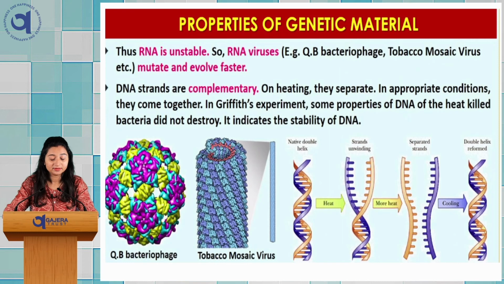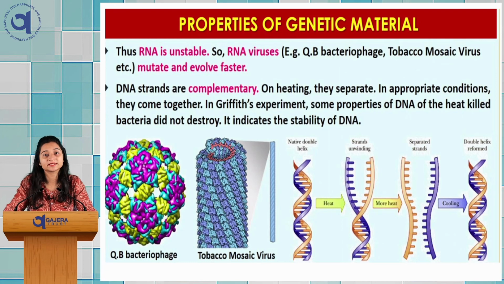Talking about DNA, being double stranded, it behaves as a comparatively more stable genetic material. Even if the strands get separated because of heating, if the appropriate condition is maintained, the double strands can bind together again.